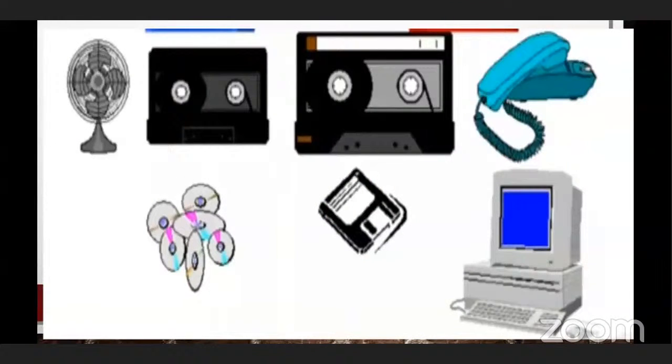What can you see in this picture? These are things we use in our daily life, na? Fan, disk, telephone, computer. In all these things, a magnet is used.